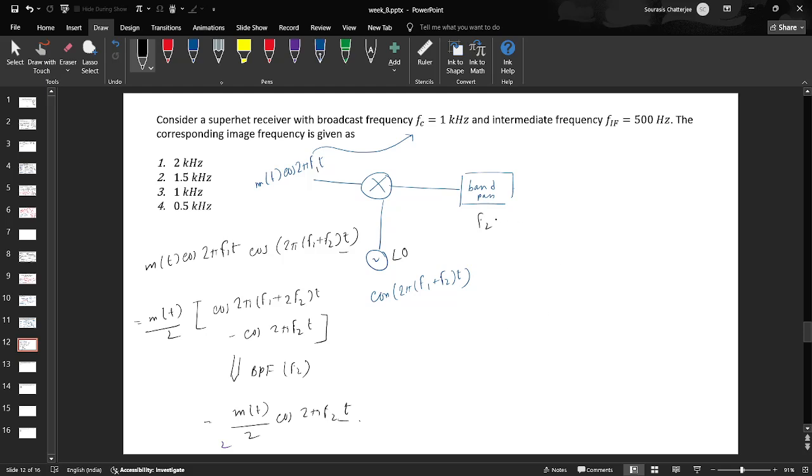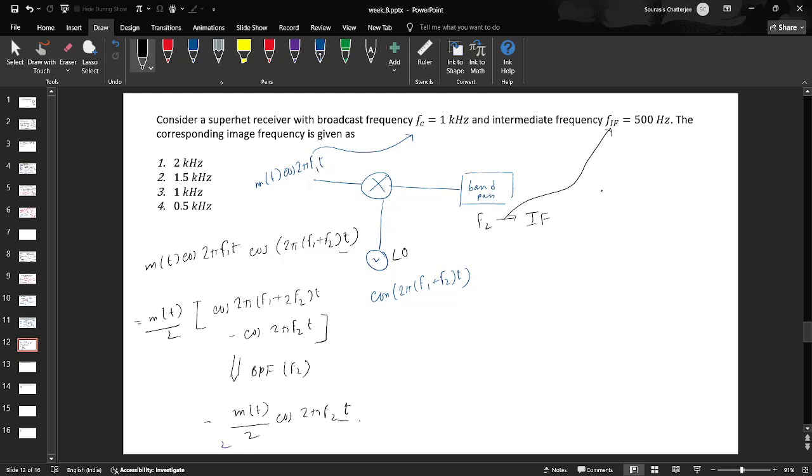Here f2 is the intermediate frequency they are talking about, which is basically lowering down your incoming frequency. The incoming frequency was 1 kilohertz, but at the output you are getting 500 hertz. This is the property of the superheterodyne receiver, where the intermediate frequency is lower than the broadcast frequency.